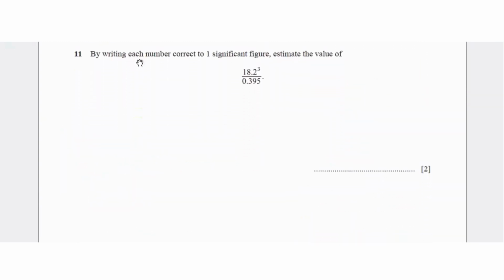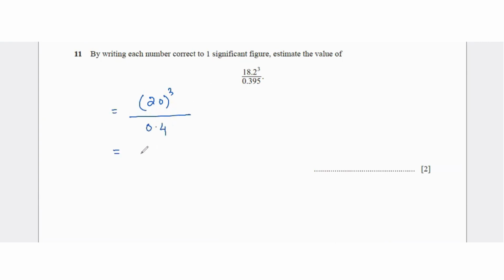Question 11 says, by writing each number correct to one significant figure, estimate the value of. So 18.2 correct to one significant figure would be 20. And 0.395 correct to one significant figure would be 0.4.